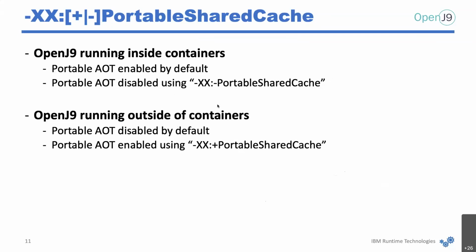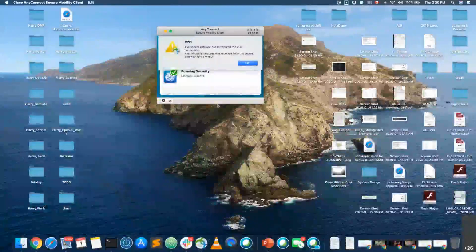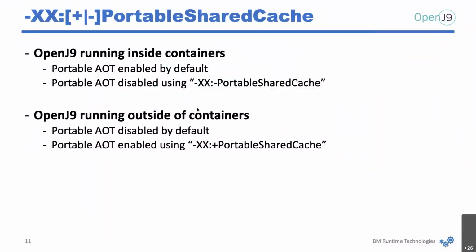Outside of containers, it's turned off by default, as we don't want the users to pay the performance penalty if they're not going to run in the cloud. And they have the option to turn it on by using plus portable shared cache.